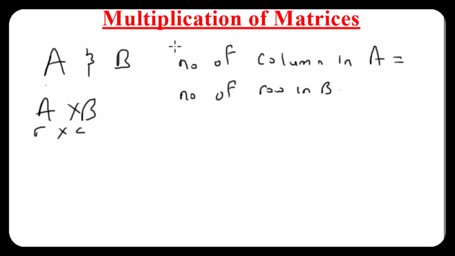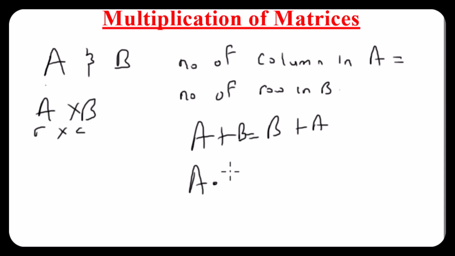Remember, unlike addition, where A plus B is the same thing as B plus A, for matrices, A times B is not necessarily equal to B times A. It will be equal if they are square matrices. Equal in the sense that they are equal matrices.